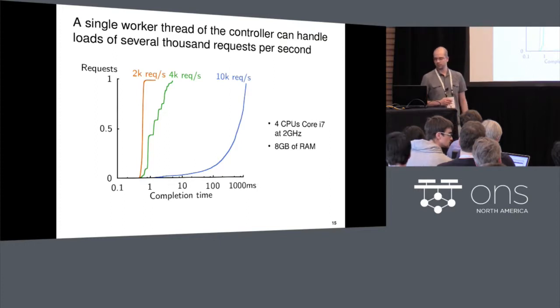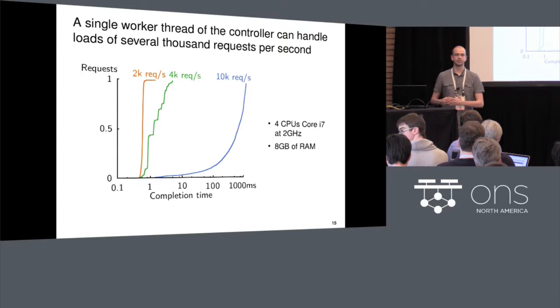So the first measurement that we have done is load tests on the SDN controller without any DNS interactions or OSPF interactions. We have tried to send a lot of requests and see how well it performed.